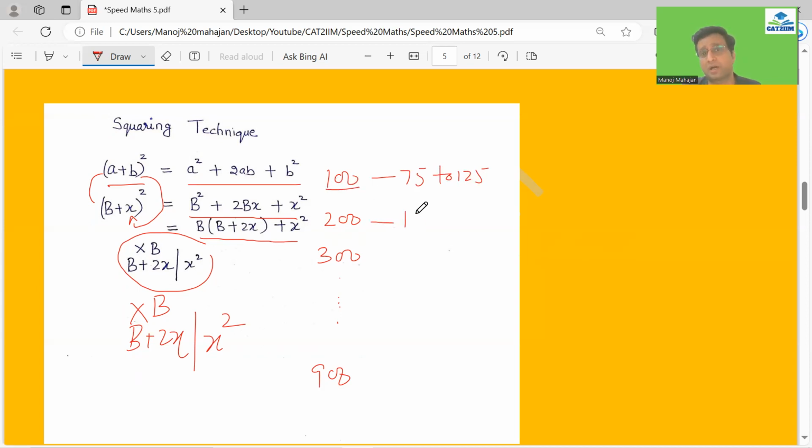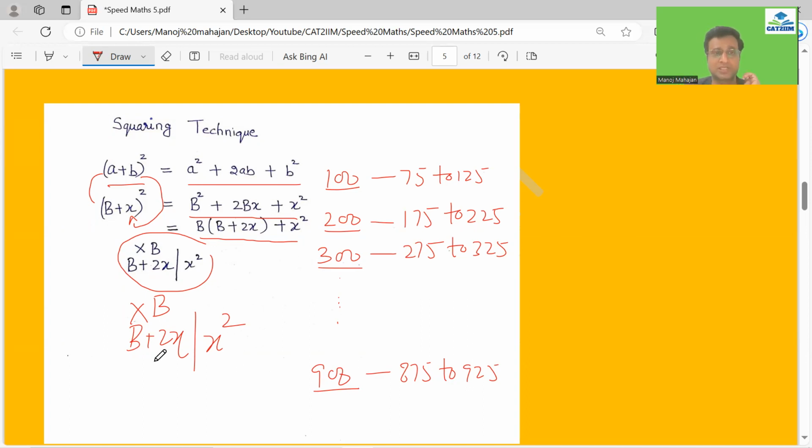If I want to find out from 175 to 225, I would take the base as 200. Similarly, if I go for 275 to 325, my base would be 300 and so on. If the square I want to find out for 875 to 925, my base would be 900. So this method I'm going to apply when the base is a multiple of 100 if I can choose, because it will be damn fast. So we'll see that how we are going to do it. Just remember this result and we are going to apply this.